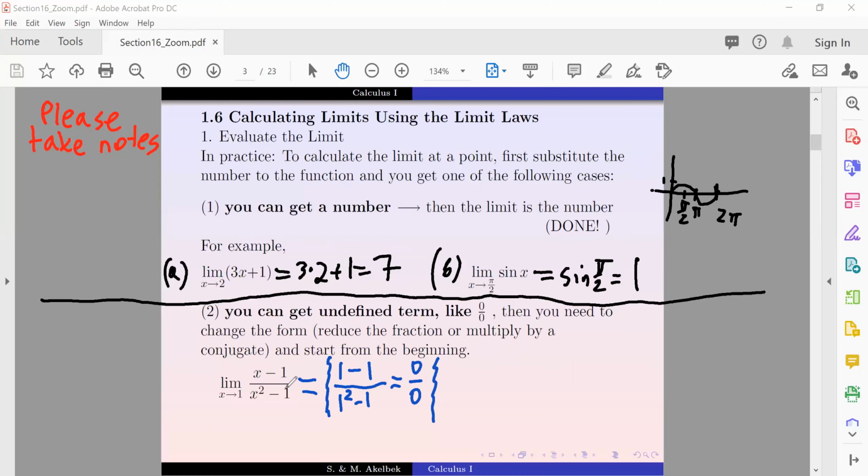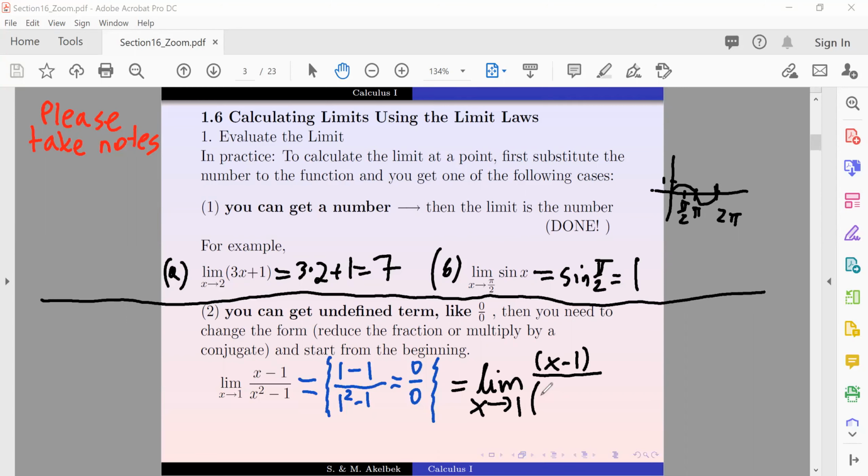So in that case, we will factor the bottom and try to reduce it. How can we factor the bottom? So this would be equal limit as x goes to 1, top stays x minus 1. How can we factor the bottom? X minus 1, x plus 1.